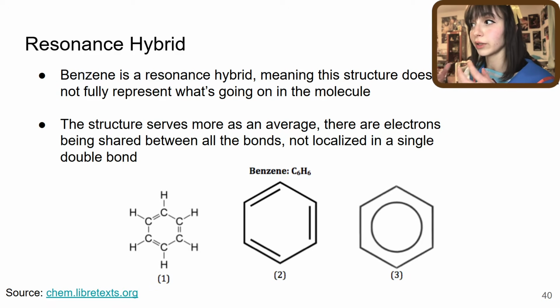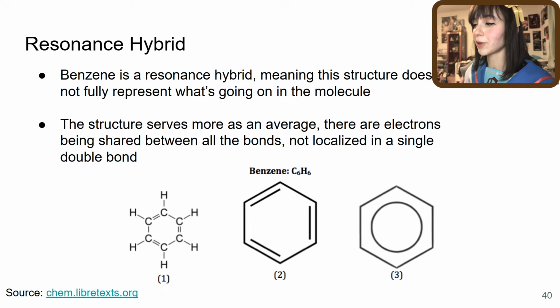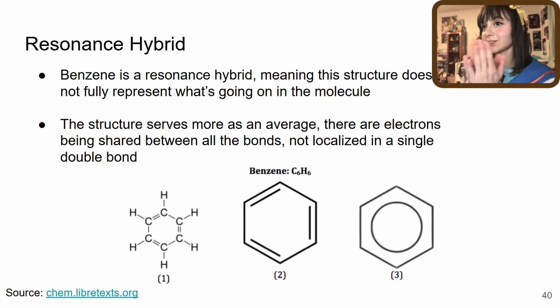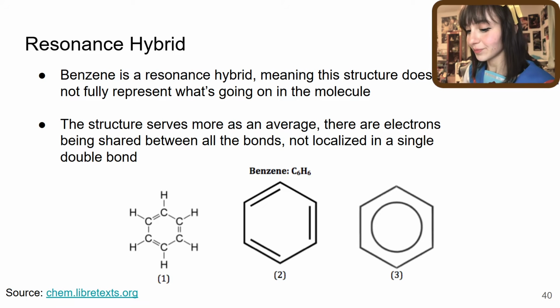So you don't really have either a double bond or a single bond, but kind of both at the same time. And they actually measured the bond length, and they found that the bond length was right in between what they would have expected between a single bond and a double bond, meaning that it's somewhere kind of in the middle between these two bonds.